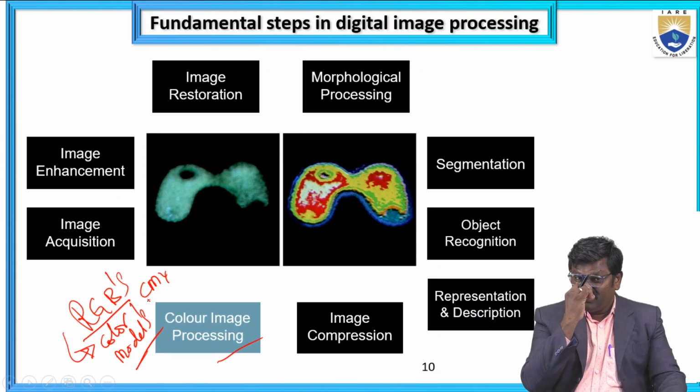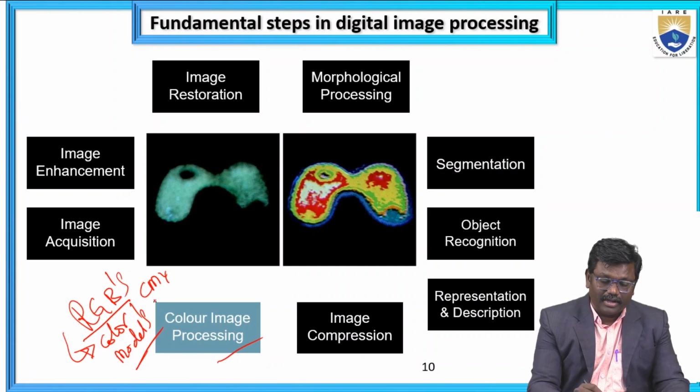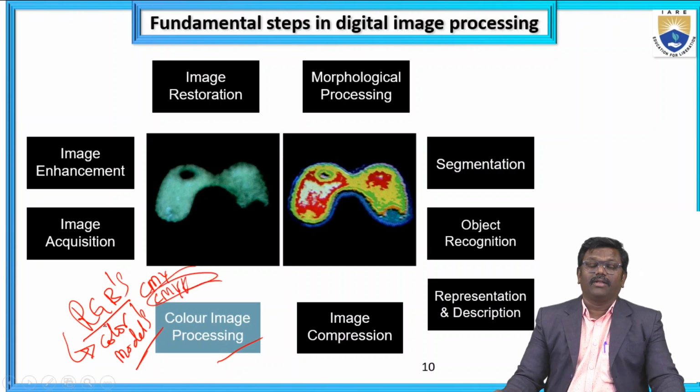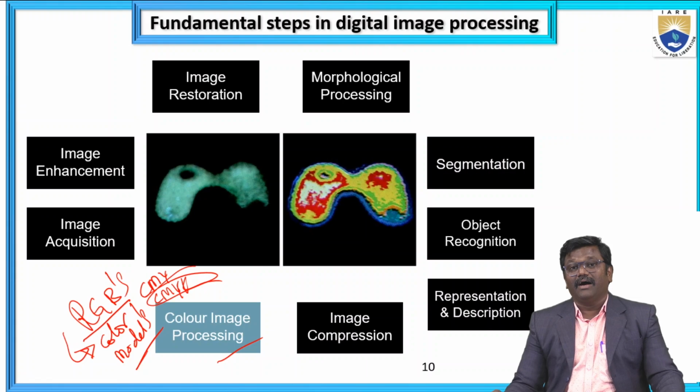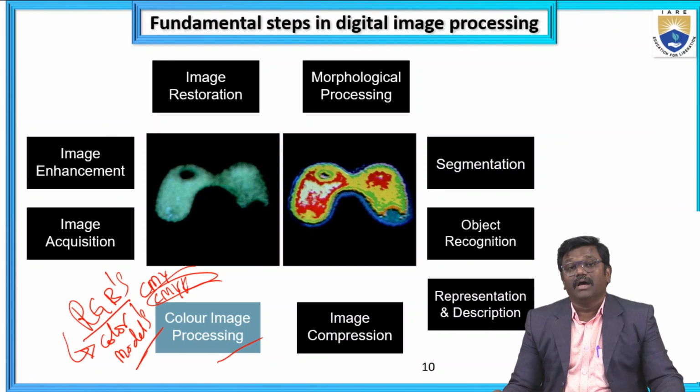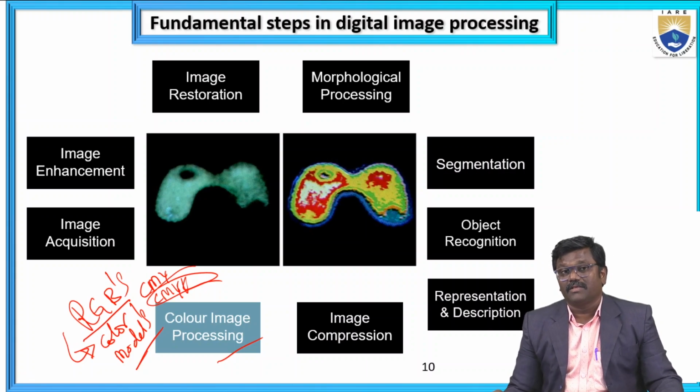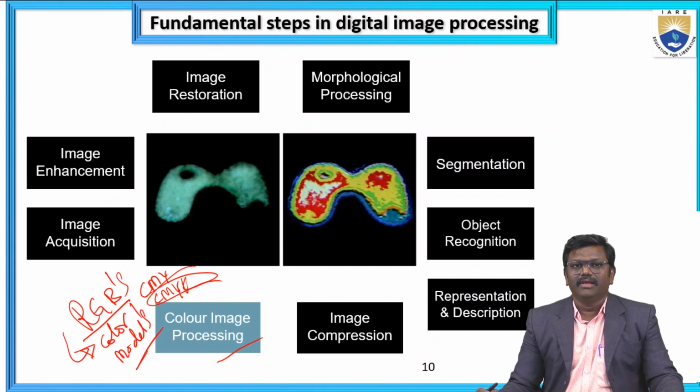Okay. So what do you mean to understand by CMY or CMYK as one of the color models? What do you mean to understand by these color models in color image processing? Because today every processing we consider in terms of color image processing only.